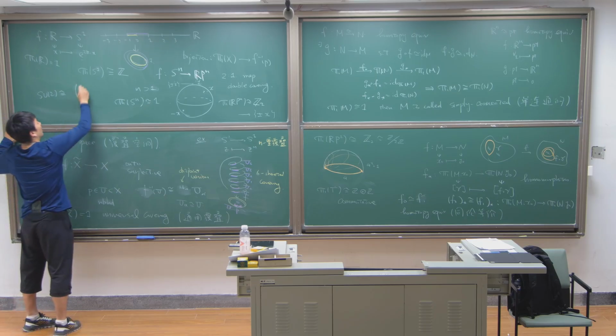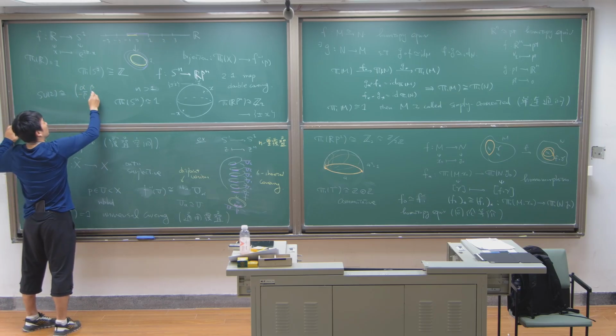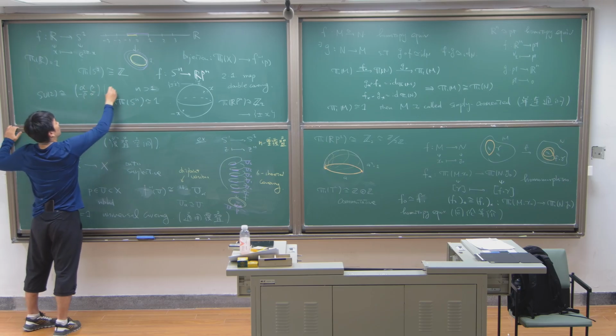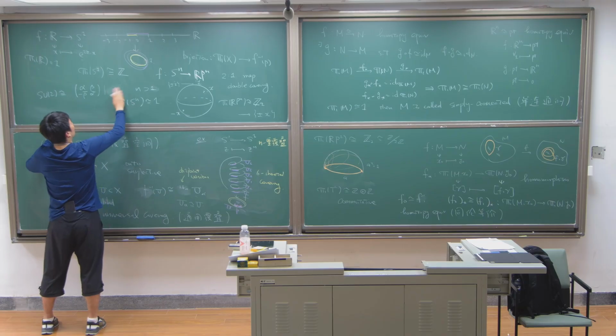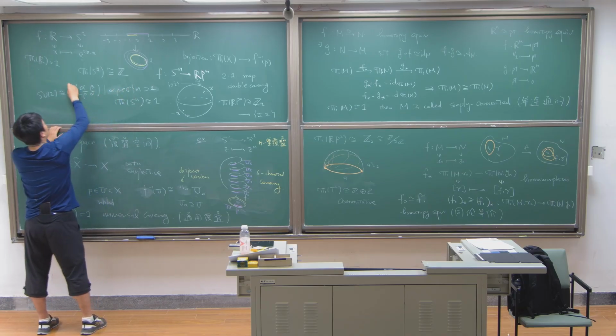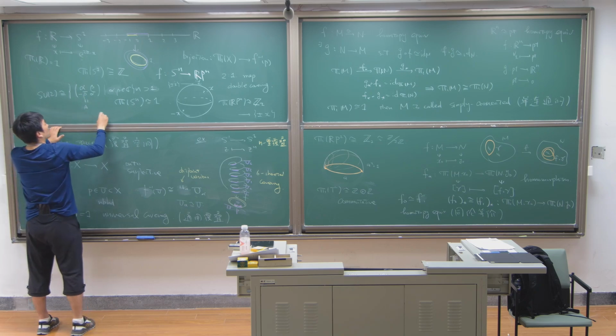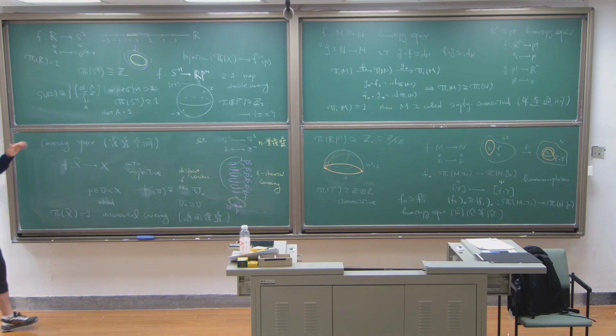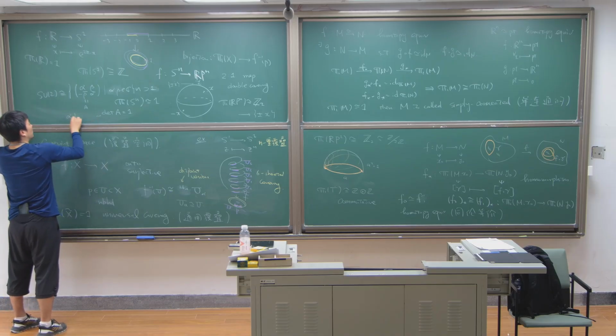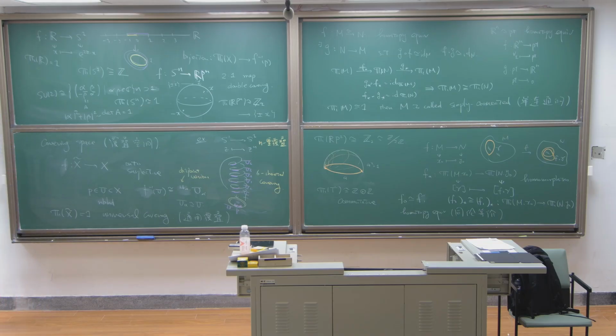SU2 is the set of matrices with entries alpha, beta, minus beta bar, alpha bar, where alpha and beta are complex numbers, and the determinant of A is equal to 1, so alpha squared plus beta squared is 1. Topologically, that is S3, good.